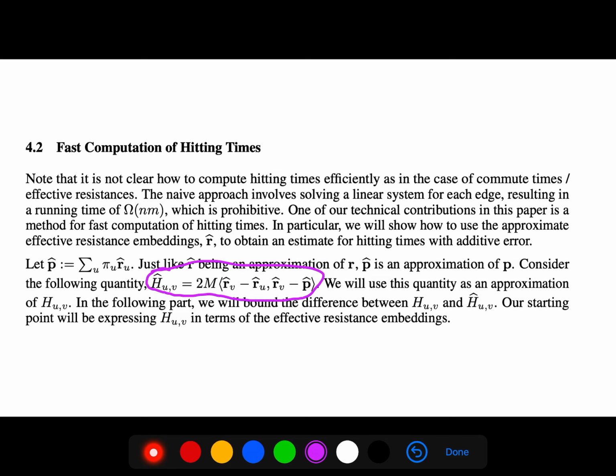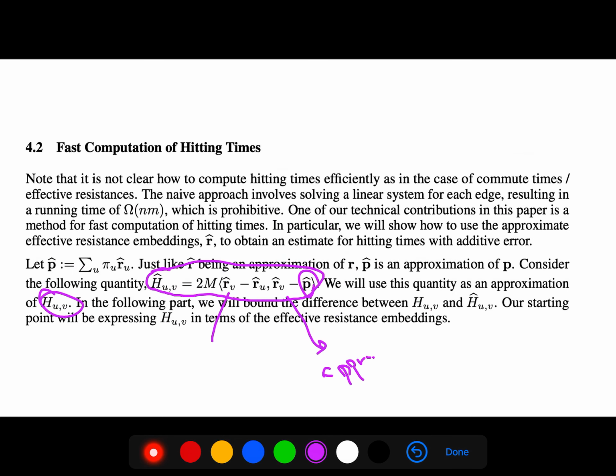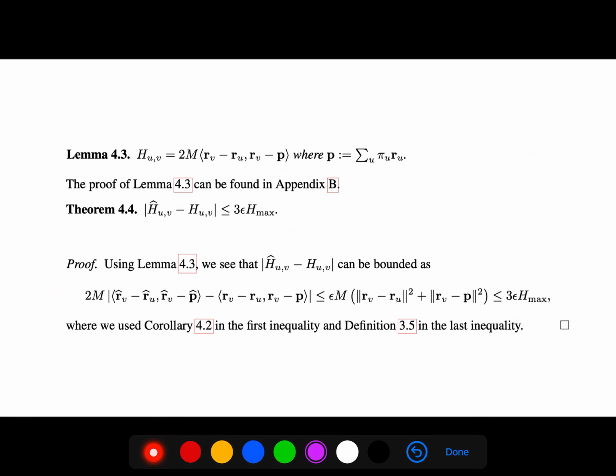And you see, for heating time, we just use the resistive embedding and the mean of that here. And then there are some lemmas that connect heating times to the effective resistance embedding. And their experiments show that, so let's go through these.